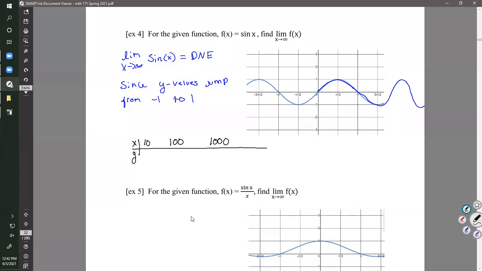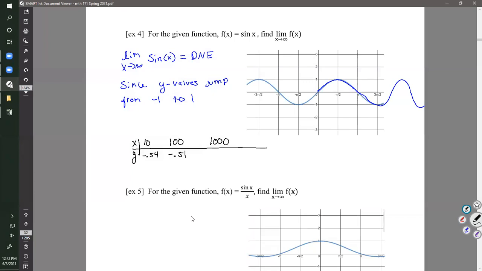If I plug those numbers in, I would get negative 0.54, negative 0.51. So if you just did two numbers, it almost looks like it's approaching something. It almost looks like it's approaching negative 0.5. So especially with sine curves or trig functions, you want to keep doing a few more.